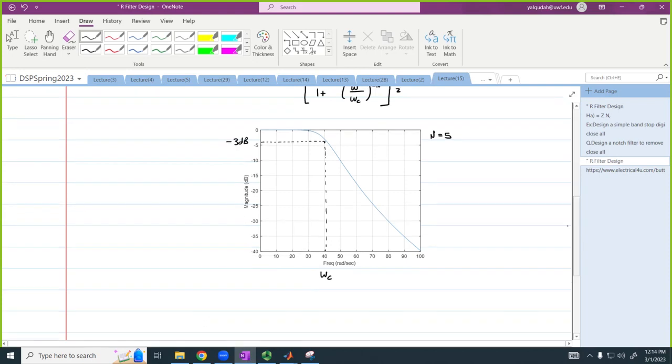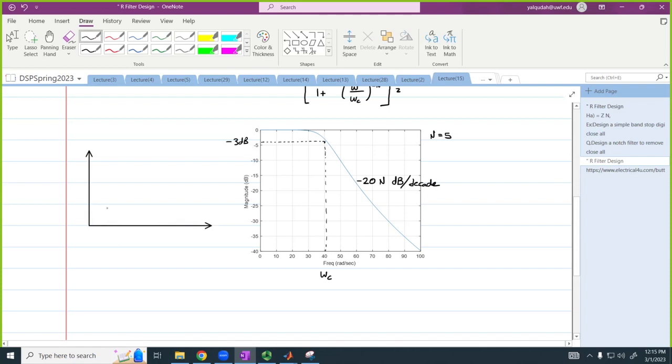And then if I look at the slope of the stop band in the transition region, the slope is equal to negative 20 multiplied by n dB per decade. So this is the Bode plot of the filter, and this is in dB.